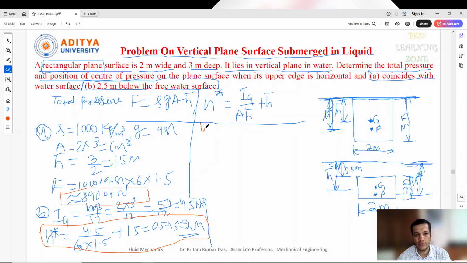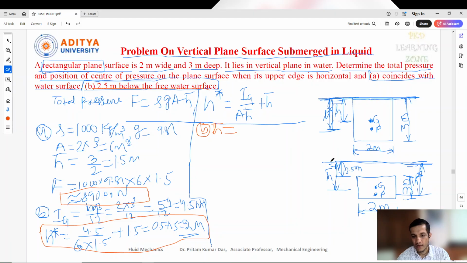Second condition: similarly, the B point coincides 2.5 meter below the free surface of the water. For this also similar values we can consider, but the H bar and H star values will be different. Let's identify H bar first. Initially it was from the surface level.